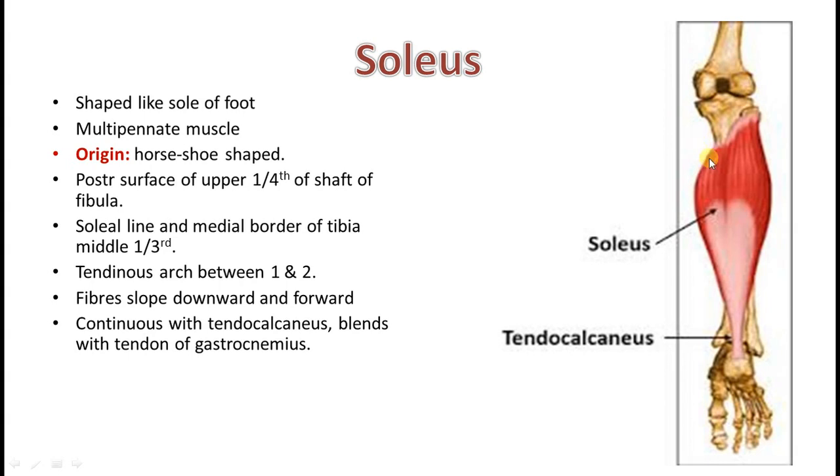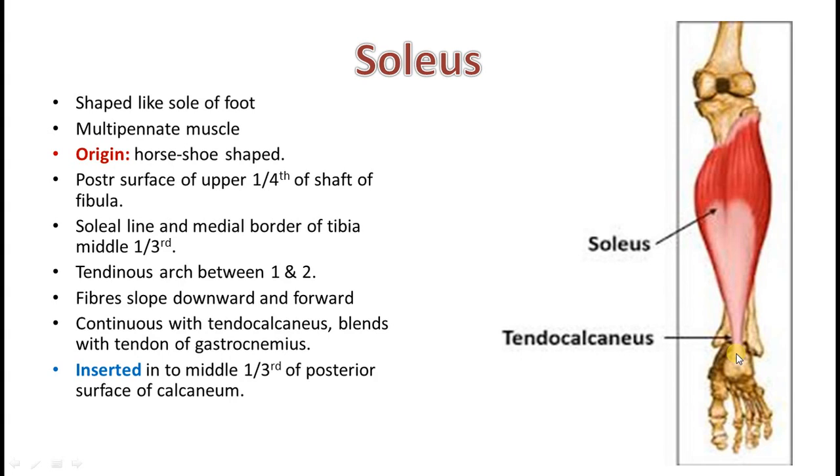The fibers are present in the form of anterior lamellae and posterior lamellae. Through the posterior lamellae, they become continuous with the tendocalcaneus, thereby blending with the tendon of gastrocnemius, and via the tendocalcaneus they get inserted into the middle one-third of the posterior surface of the calcaneum.